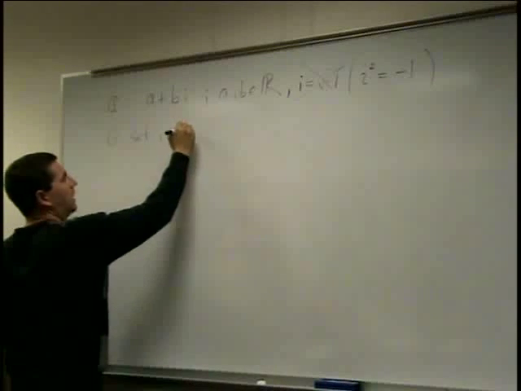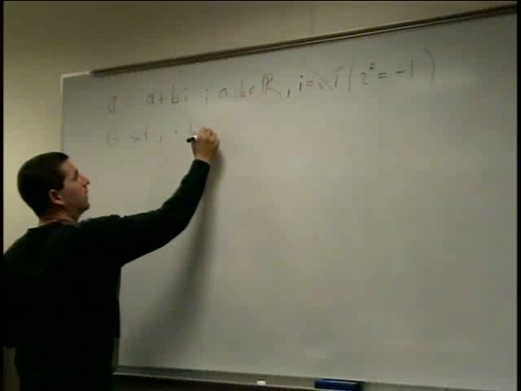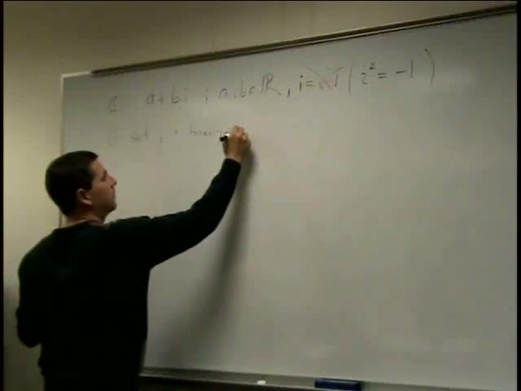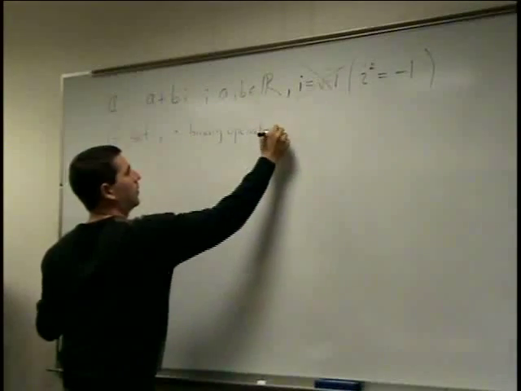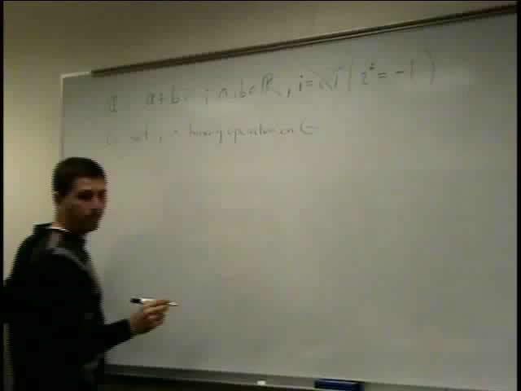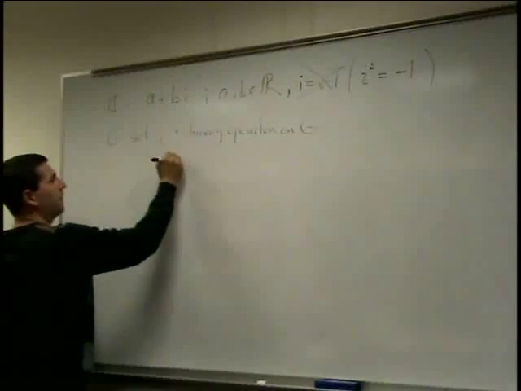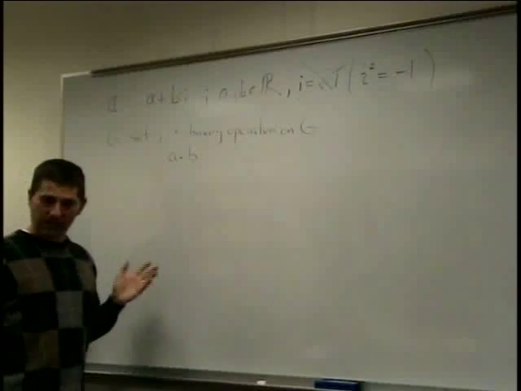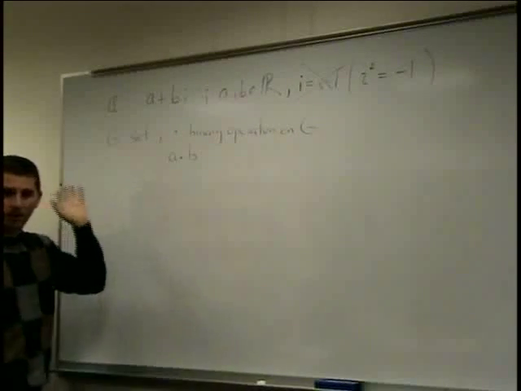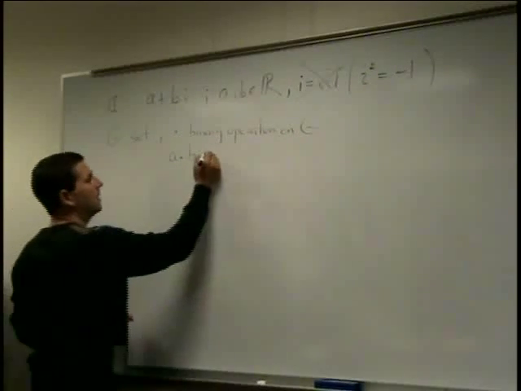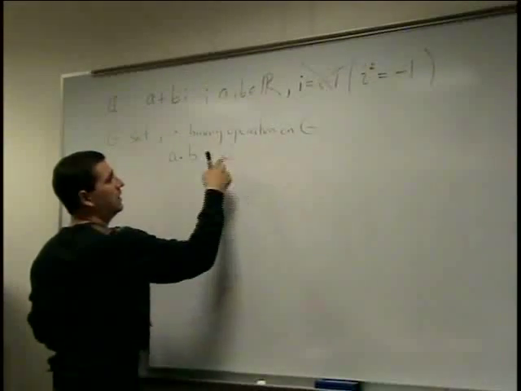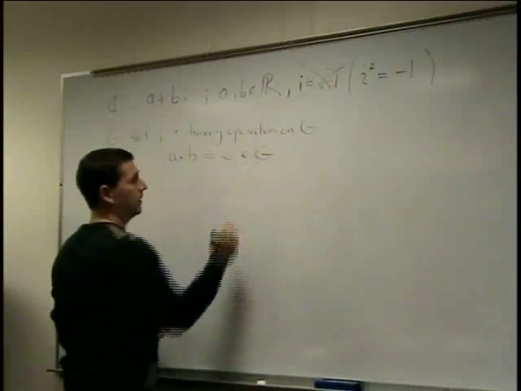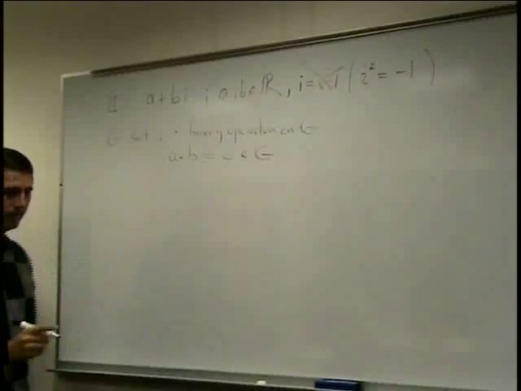This is a binary operation on G. So I can write down things like a times b, it's not really multiplication because these aren't necessarily numbers, but I'll write down this thing that looks like a times b. And it's supposed to give me some c, and that c is an element of G. Remember this funny symbol that means is an element of.